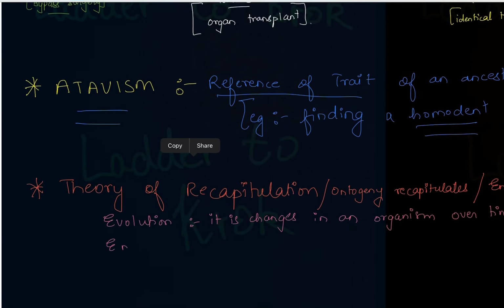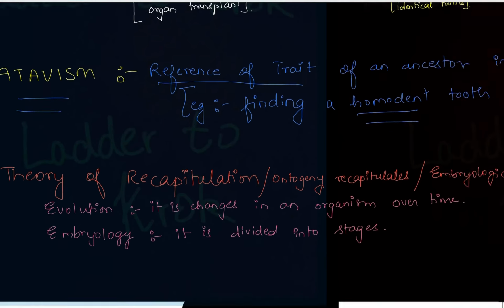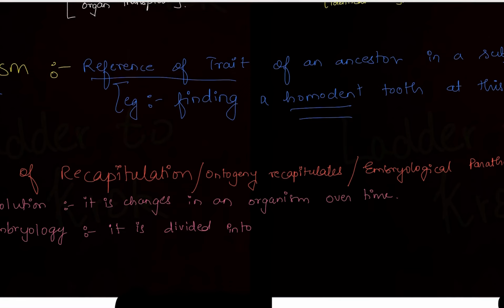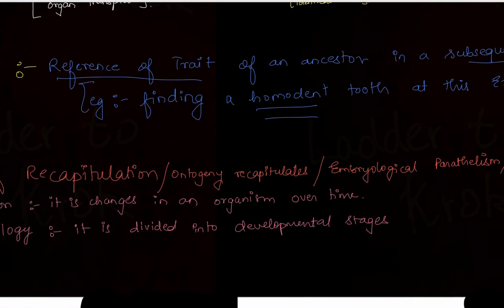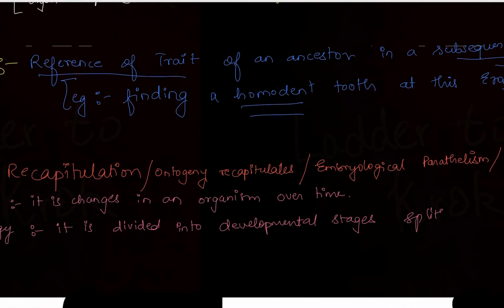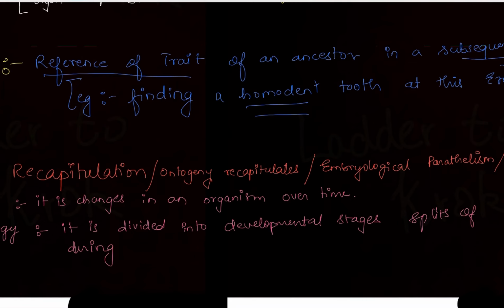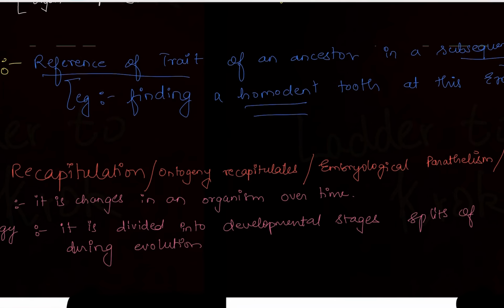And one more thing you should remember is regarding embryology. That embryology is divided into stages. Which stages? Developmental stages. So write down, it is divided into developmental stages which split off during evolution. What happens?